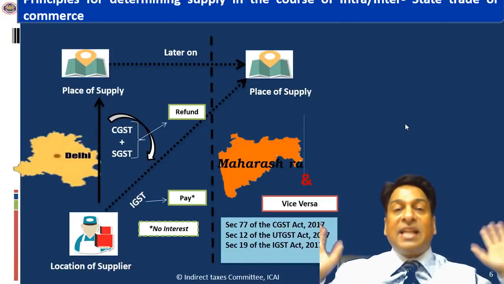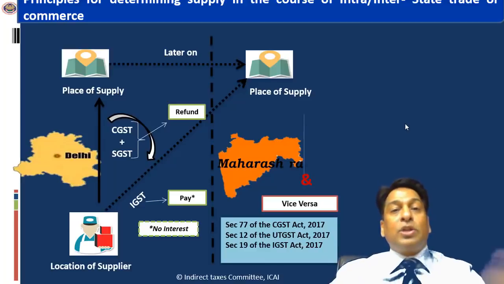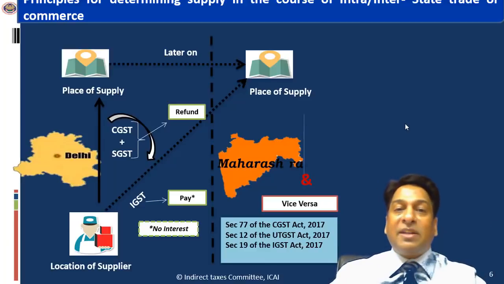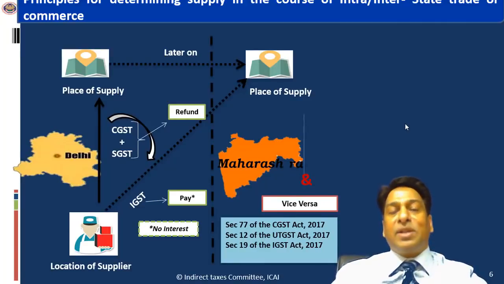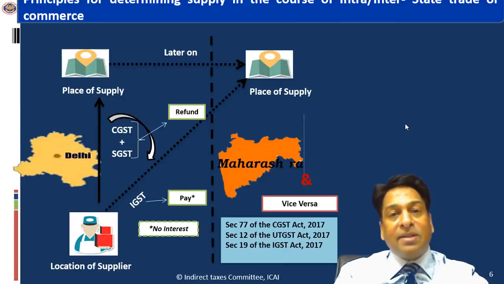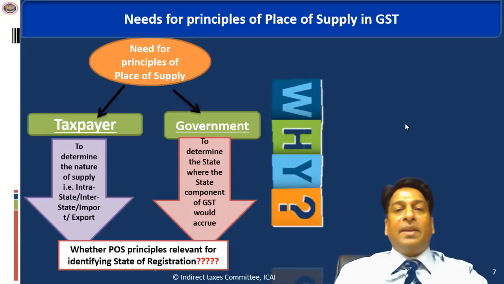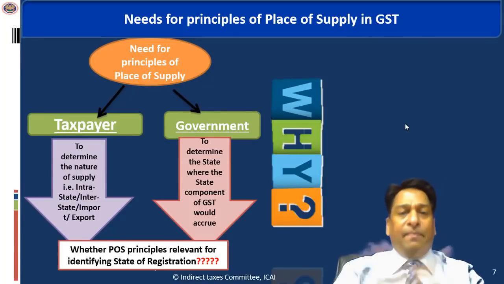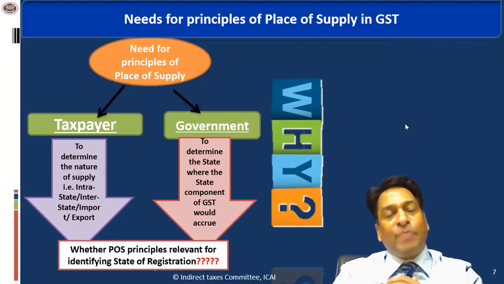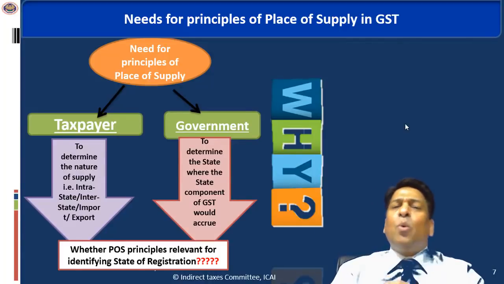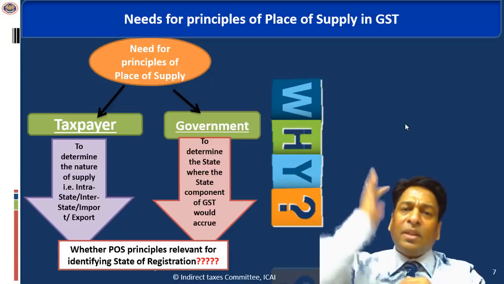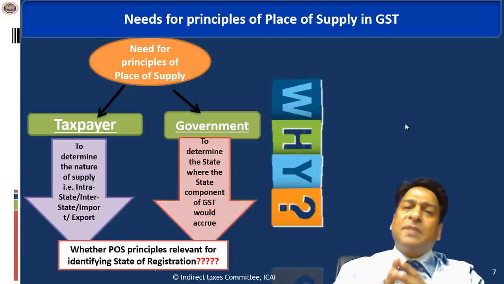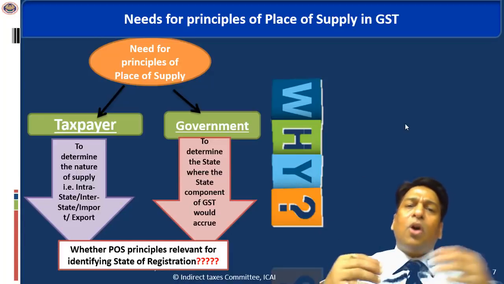Refund itself is a tedious task, so it's better we are proactive in determining whether the transaction is intrastate or interstate. Having said that, the next question coming to my mind, and I would like the audience watching this video to tell me, is why there is a need or principle for place of supply of goods or services.